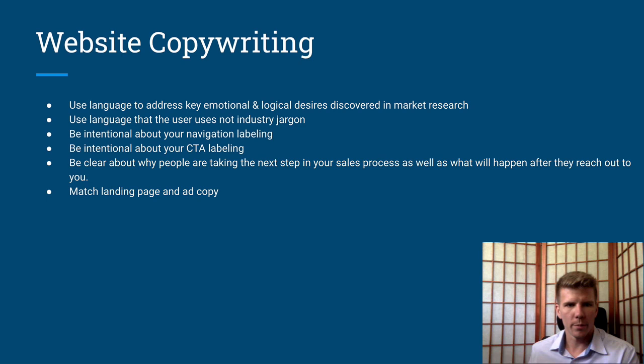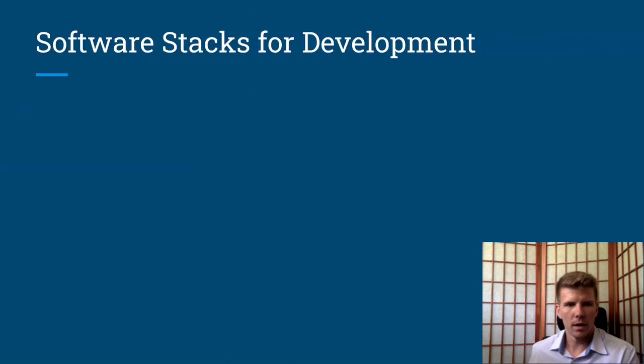Now we're going to talk about software stacks for development. Of course, like I said, I'm just jumping through this really fast, so I'm not going to go into this in too much detail. But if you are trying to save some money, what you should do is just WordPress, Elementor Pro, and then a split testing plugin, and that's it.